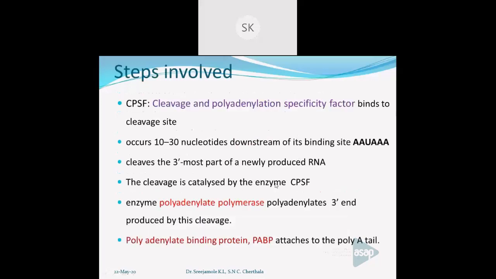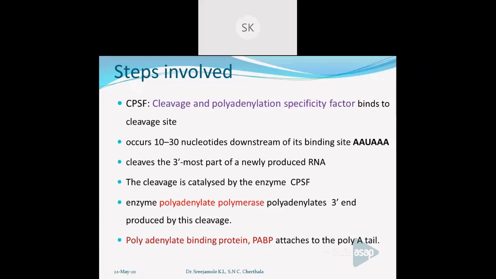Then what are the steps involved in poly-A tailing? One particular factor, a protein that assists in poly-A tailing, is the cleavage and polyadenylation specificity factor, or CPSF, which binds to this cleavage site.